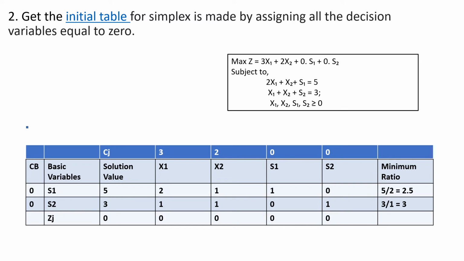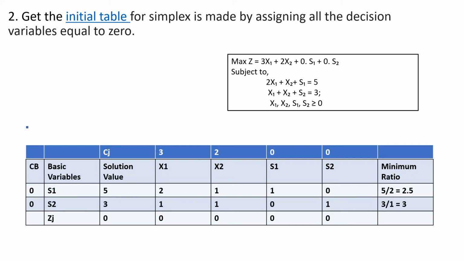For the x1 column, it will be 2 into 0 plus 1 into 0, which gives 0. For the x2 column, it will be 1 into 0 plus 1 into 0, which gives 0. Similarly, for S1, it will be 1 into 0 plus 0 into 0, that gives 0. For the S2 column, 0 into 0 plus 1 into 0, that gives 0.